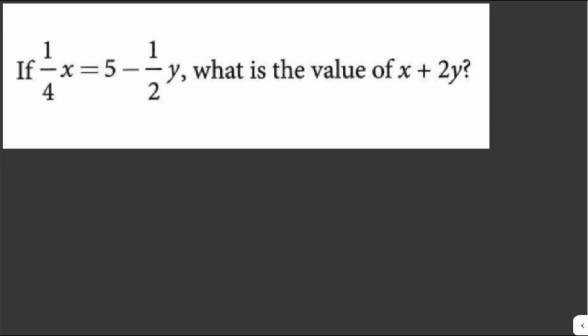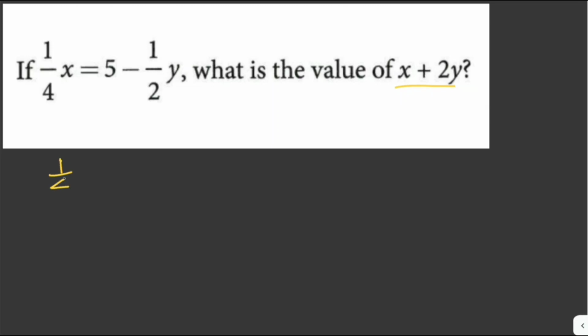If 1/4 x equals 5 minus 1/2 y, what is the value of x plus 2y? So what are we going to do here to find the value of x plus 2y? The first thing we do is group together those terms that have x and y in them. So that means we need to move negative 1/2 y to the left.